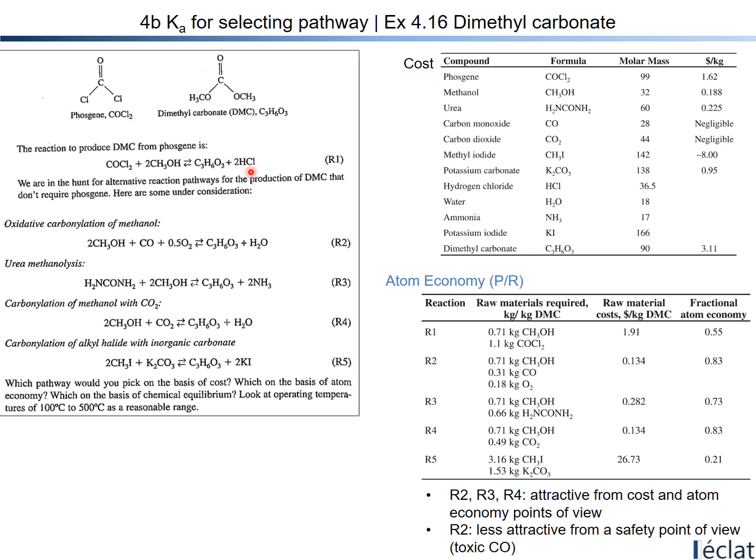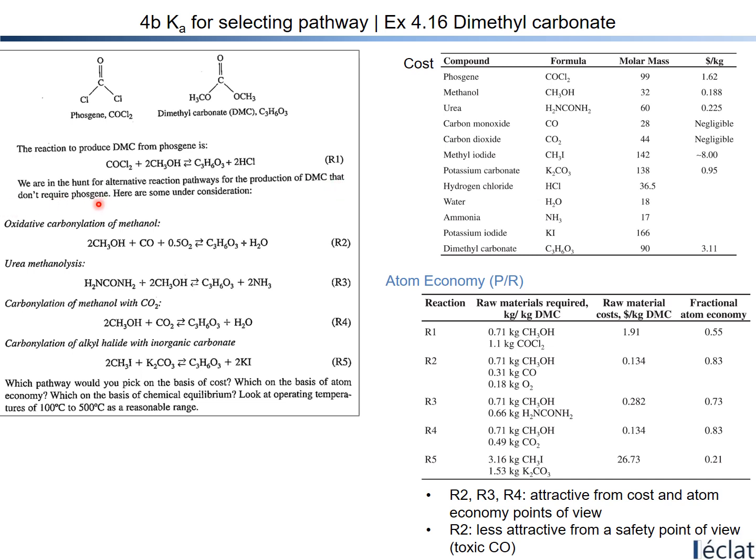The problematic thing is here. What is that? That is the phosgene. Phosgene is a very toxic compound. We are in the hunt for alternative reaction pathways for the production of DMC, or dimethyl carbonate, that don't require phosgene.